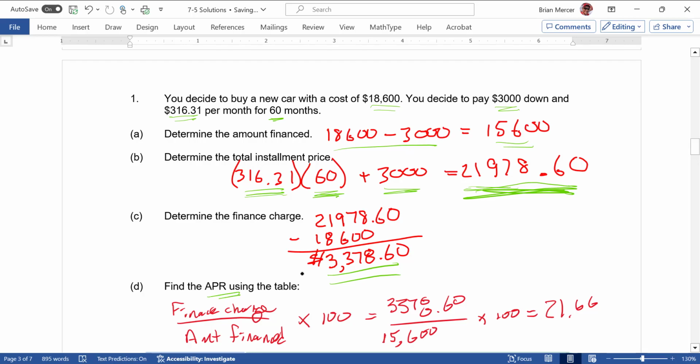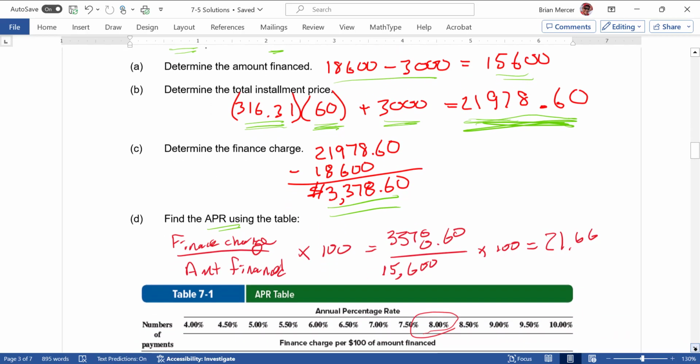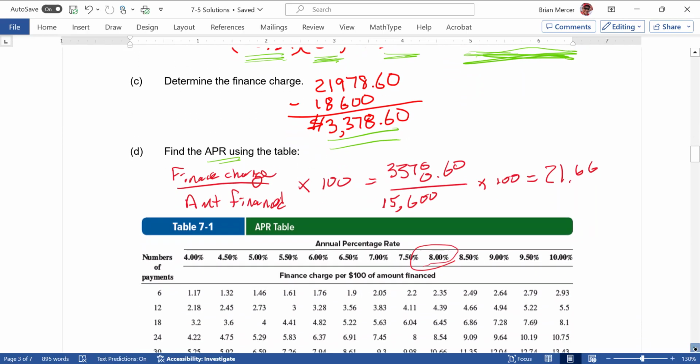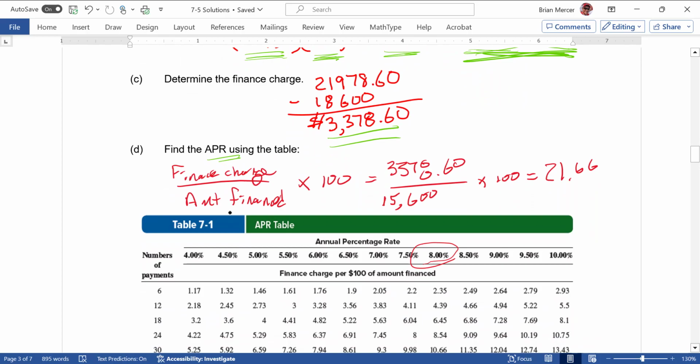So using the table method, computing the APR. So what's the APR using the table? So we take our finance charge divided by the amount financed and then take that times 100. And so we get this 21.66. And then find that 21.66 in the table.